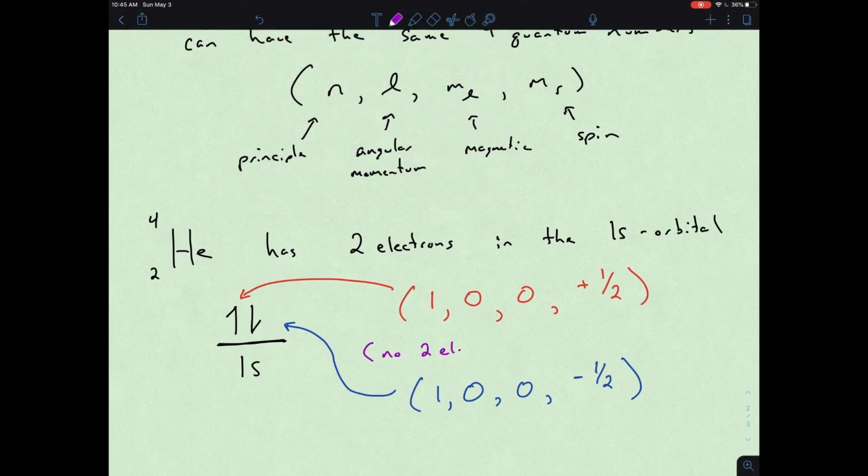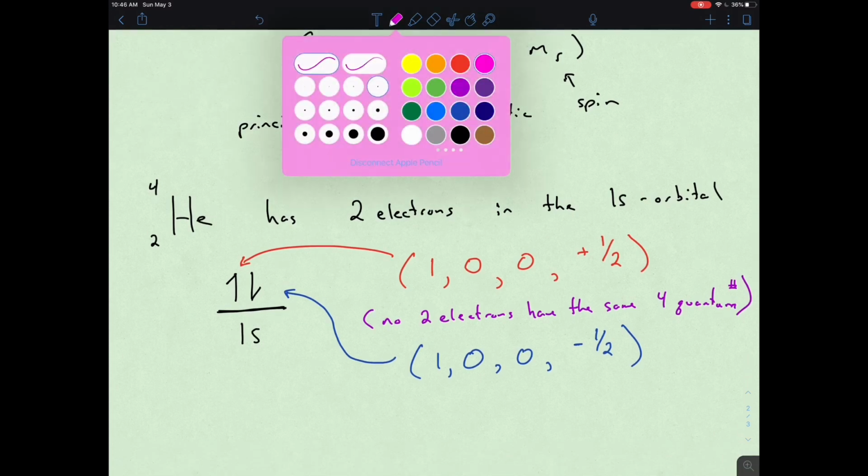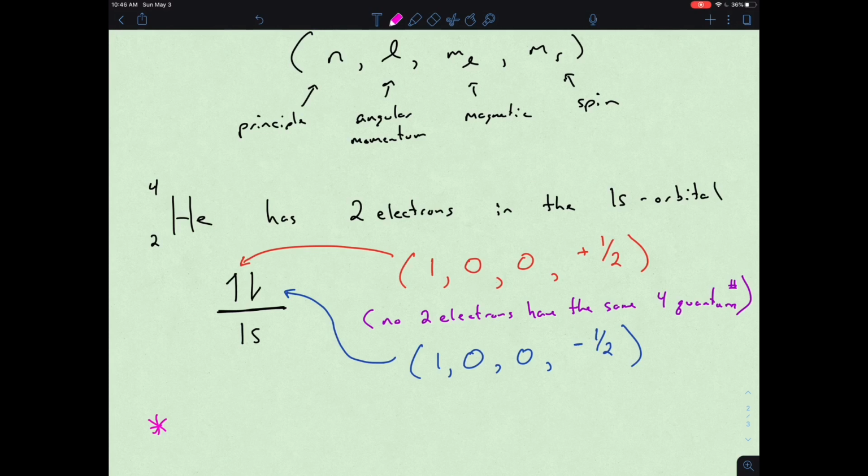This is what it's saying: no 2 electrons have the same 4 quantum numbers. That's the logic with the Pauli exclusion principle. When we are putting electrons into these housing units, we can only fit 2 per orbital, and one has to be pointing up and one has to be pointing down. That's really the take-home message.